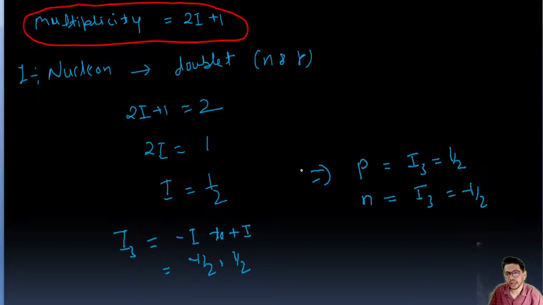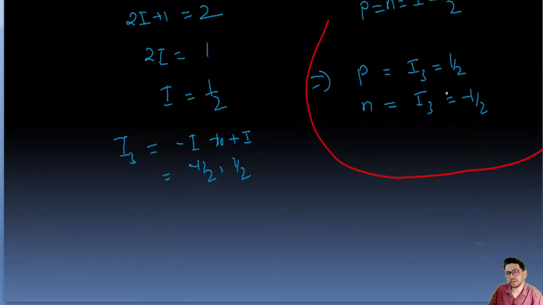But for both proton and neutron, I is 1 by 2. Very important, guys.